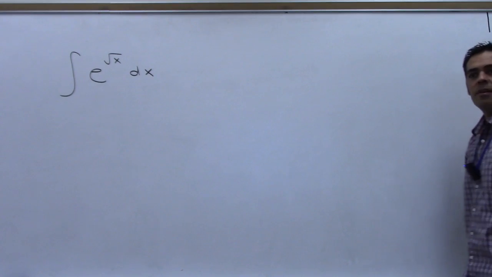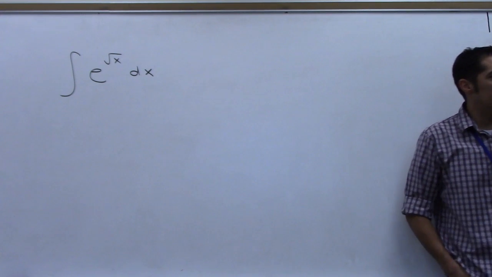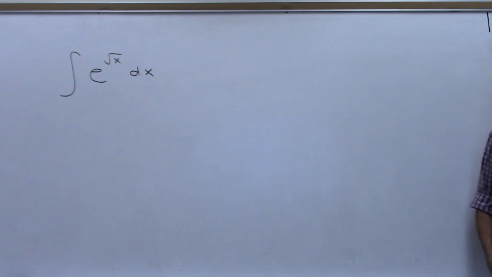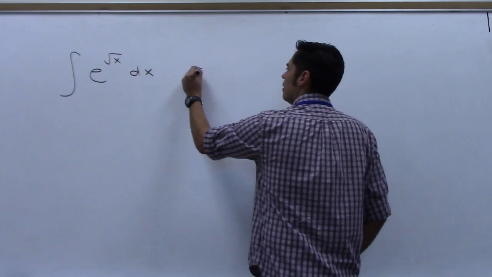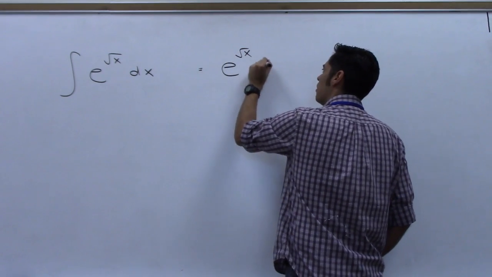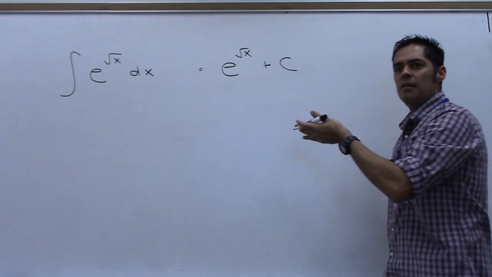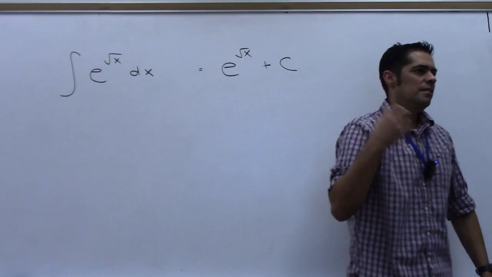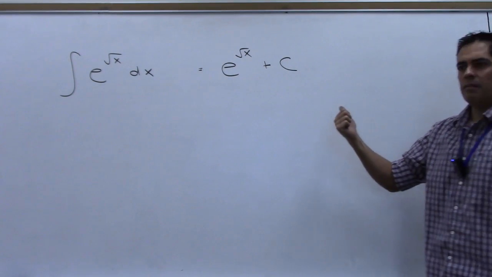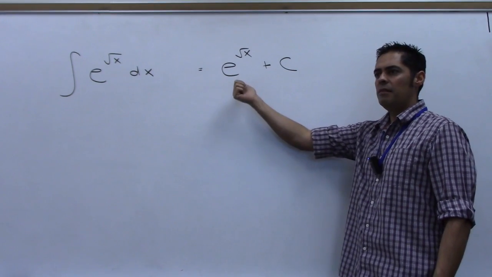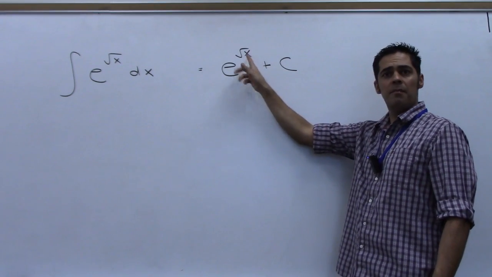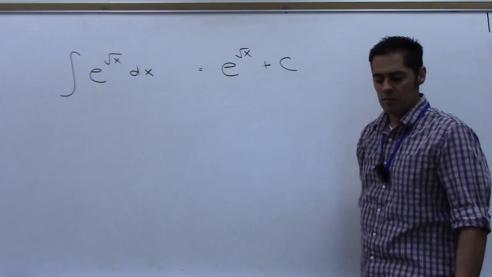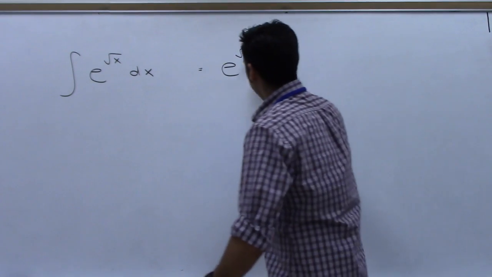But let's just make sure we understand that we can't really do anything else first. This is not just like e to the root x, right? Antiderivative of e to something is itself. I mean, it is, but if this is a function of x, then that won't work, right? Because if you take the derivative of that, it's itself, but then times the derivative of what's up there, but that's not over there, is it?